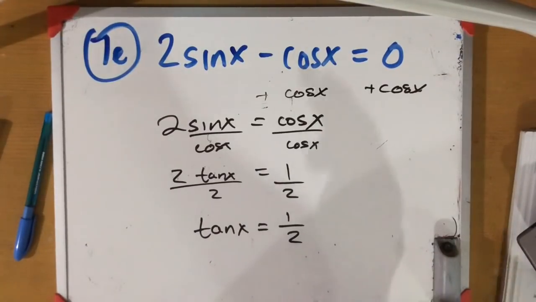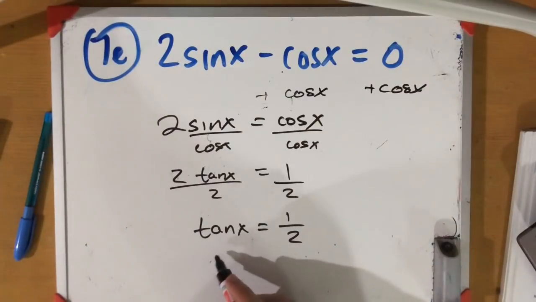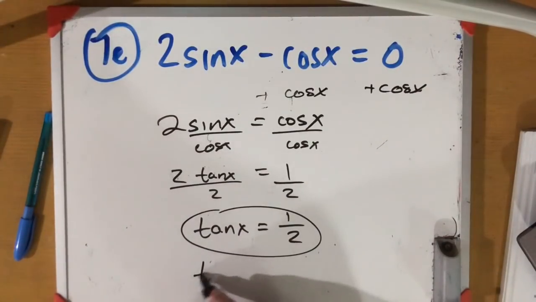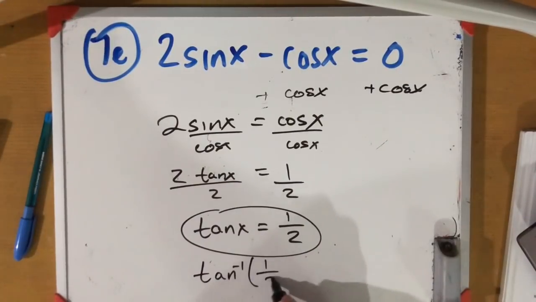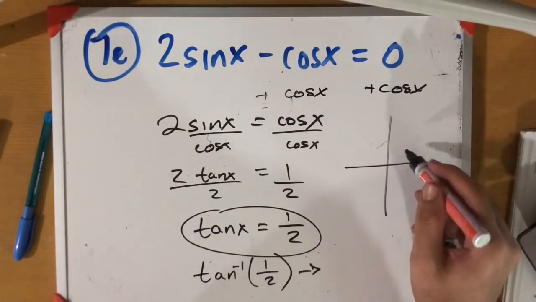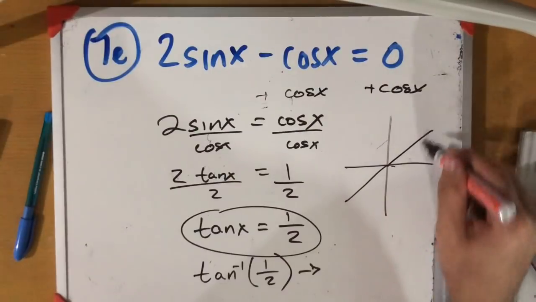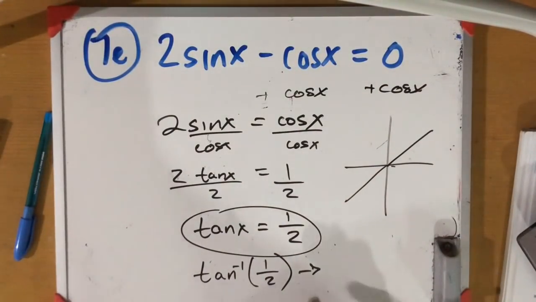Okay, so we have the function of tan equal to the sides of 1 over 2. Now, naturally, we're trying to find the base angle of this. So let's go ahead and do arctan of 1 over 2. And we should end up with a base angle here and here. We just have to figure out what these base angles are.